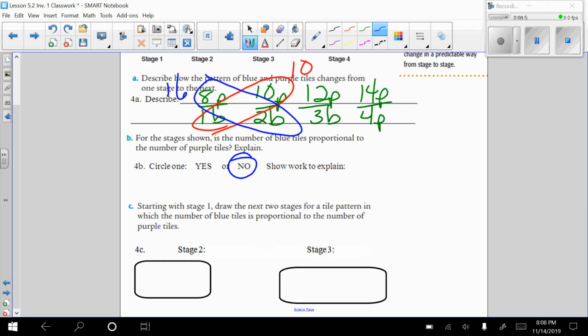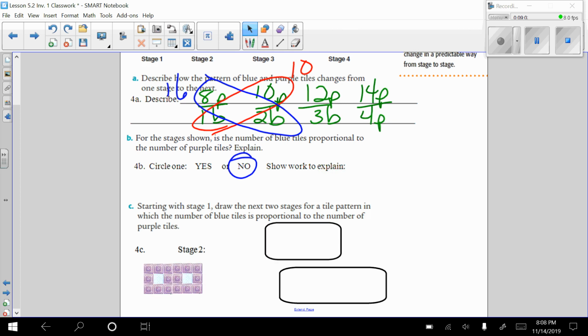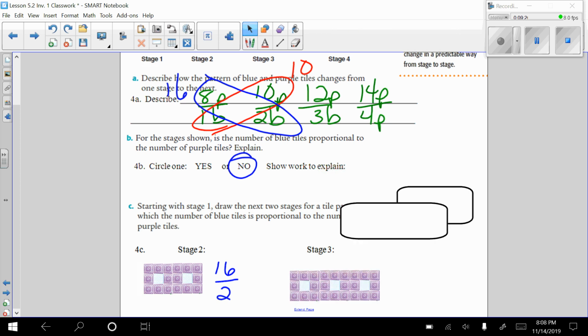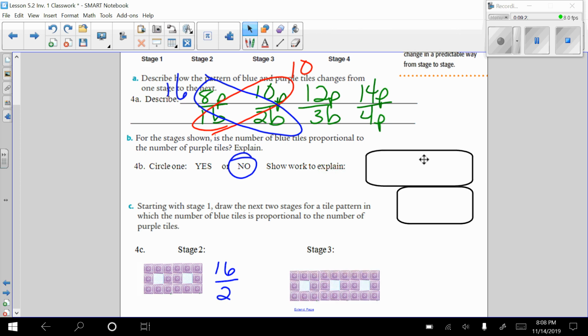Well, now if we wanted to start at stage 1 and draw 2 stages of tiles that is proportional, we would just need to basically copy them. So if I do the first one, I've copied them. Now I have 16 purple tiles and 2 blue tiles. The next stage I would need to do is copy it again.